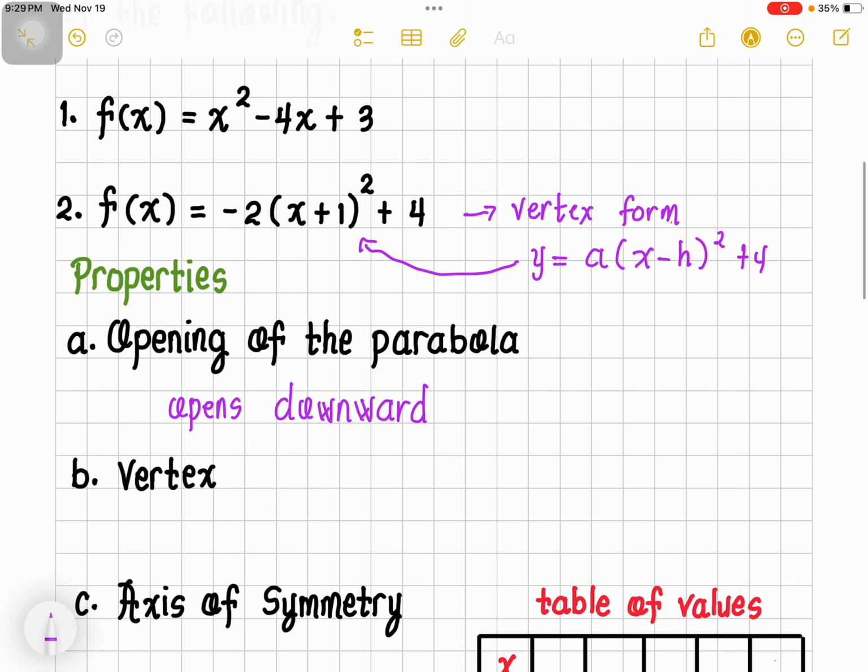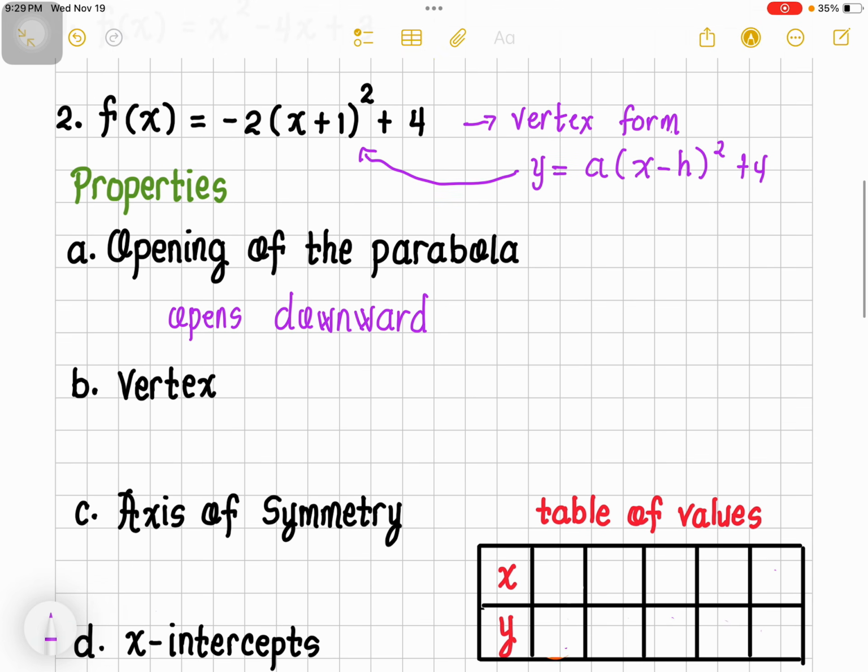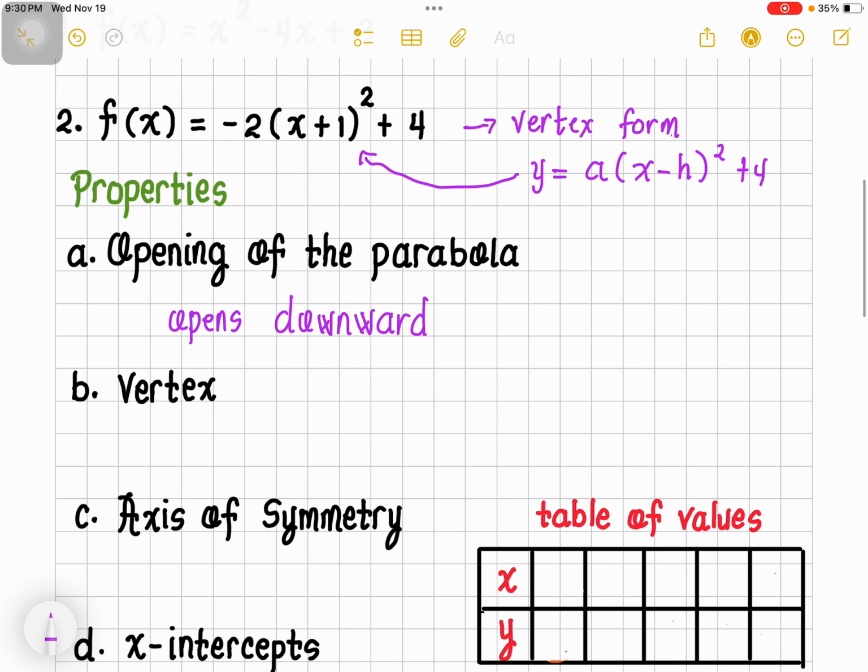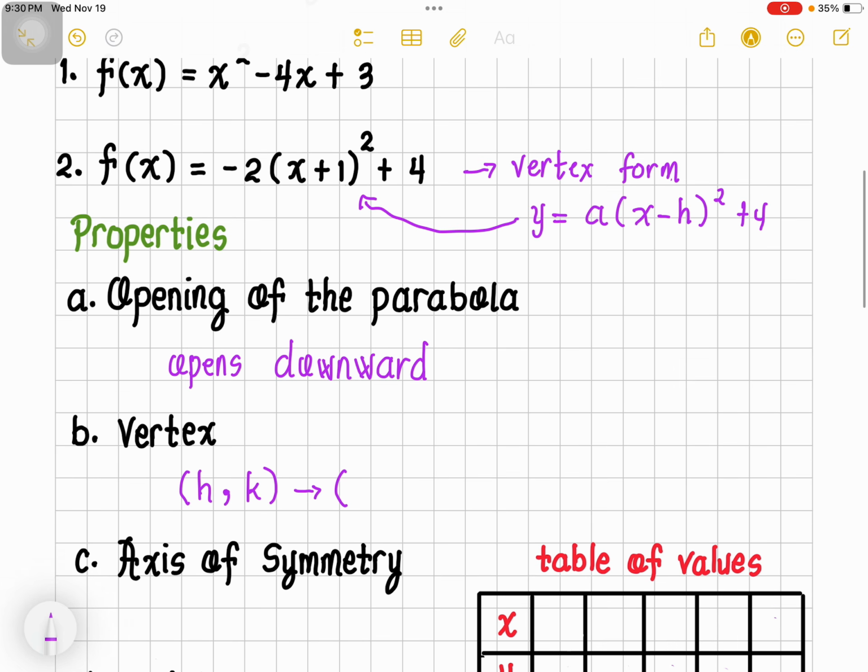Gets? So now, hanapin natin yung ating vertex. So, yung vertex natin, di ba we have point (h, k)? So, this is actually a point or coordinates din yan. So, yung h natin dito, okay, class, kung mapapansin natin, this is positive 1. Okay? So, get the additive inverse lang or yung kabaliktaran palagi.